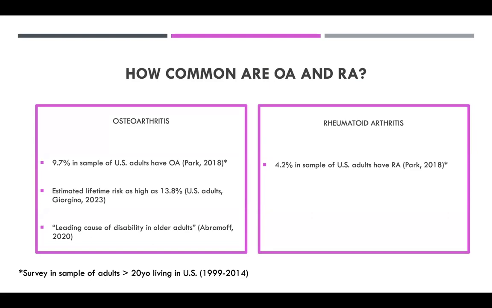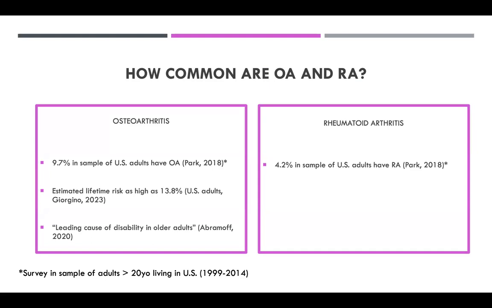Just as a jumping off point, want to present some data on how common these different disorders are. And we know osteoarthritis is quite common and much more common than rheumatoid arthritis. So these are just a few statistics, about 5 years old, a little bit older, suggesting that within the US, adults, an incidence of osteoarthritis in one sample was around 10%, a little under 10%.